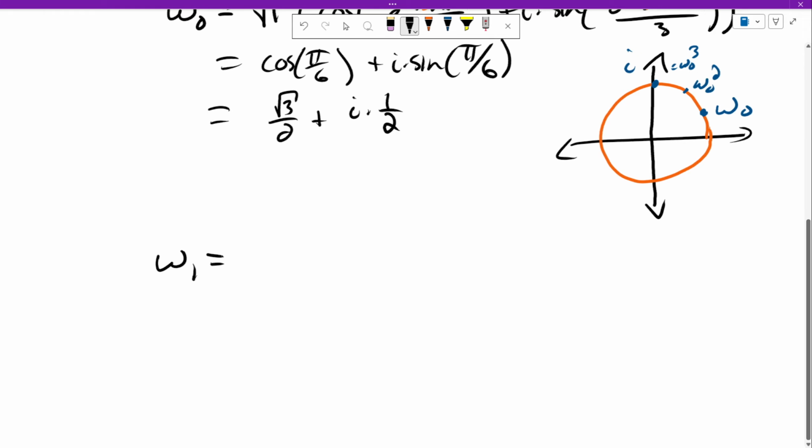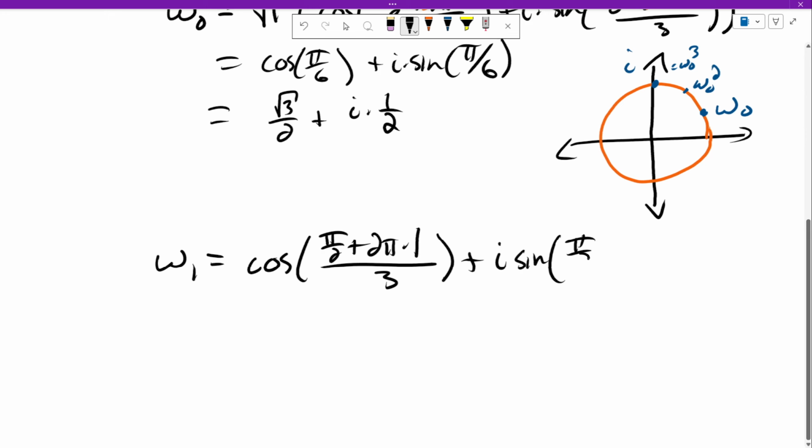Now w_1 is a similar formula. I'm not going to write the cube root of 1 this time because it's understood that the real cube root of 1 is 1. Then we do cosine of (pi halves plus 2 pi times 1 over 3) plus i sine of (pi halves plus 2 pi times 1 over 3), because our subscript is 1 now.